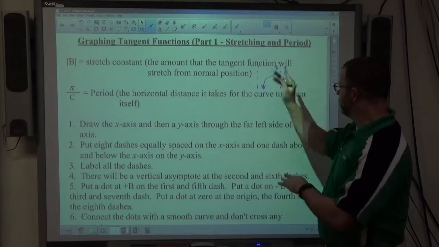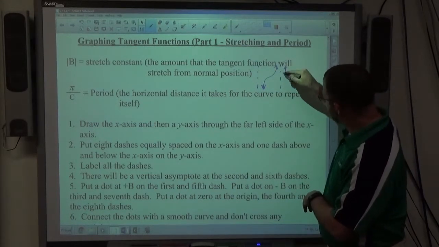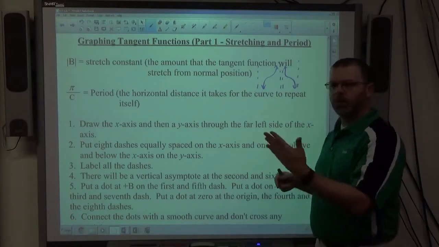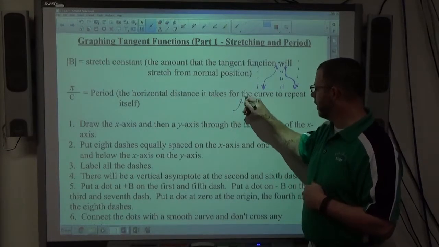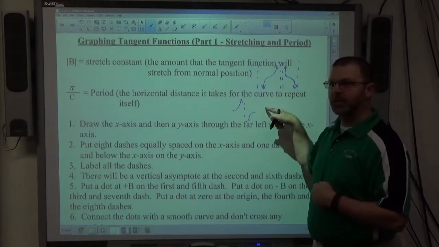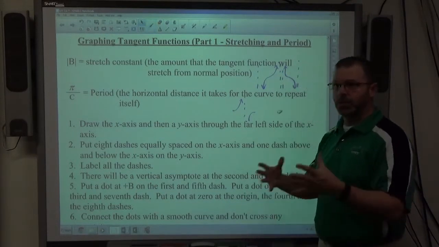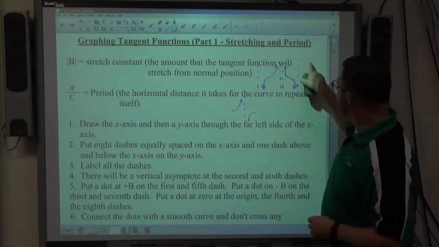This might be a tangent graph, this might be a cotangent graph, with a different asymptote like that. But if we went through only one period, we might start here, go up, have the asymptote, and then do that, and you're not going to see one full picture of it. So I like to go through 2 periods to make sure we at least see one of those, if not 2 of those pictures.